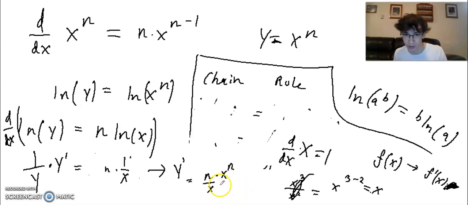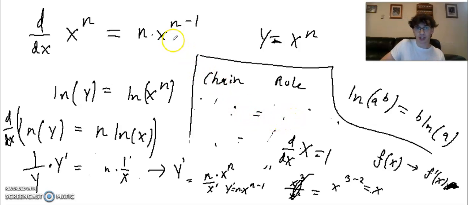So that's what we're going to do here. This x to the 1, we can just do x to the n minus 1. Multiply that by n because we still have that here. So y prime equals n times x to the n minus 1, which is what we have right here.